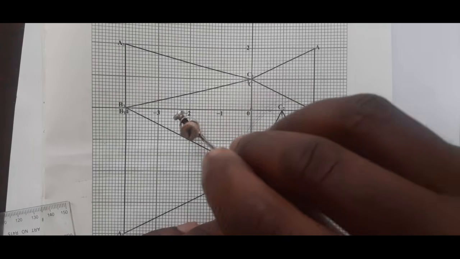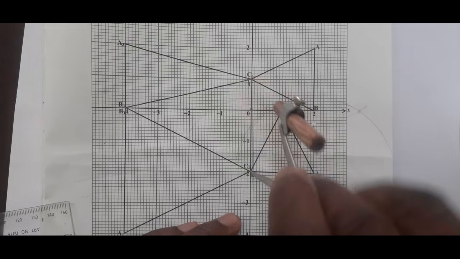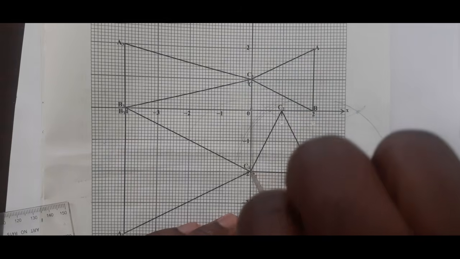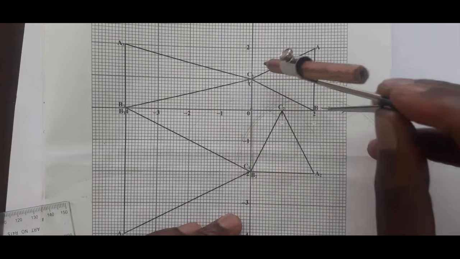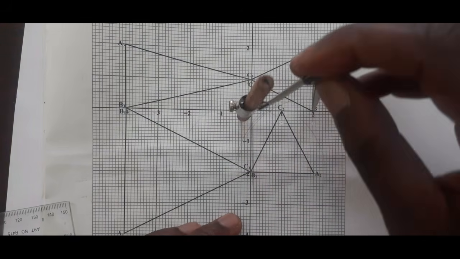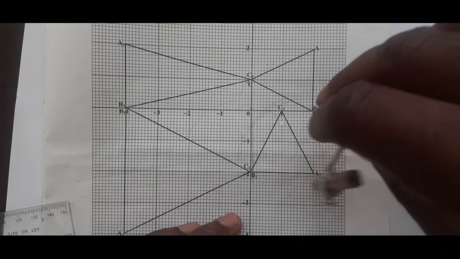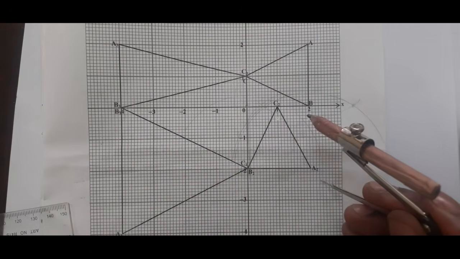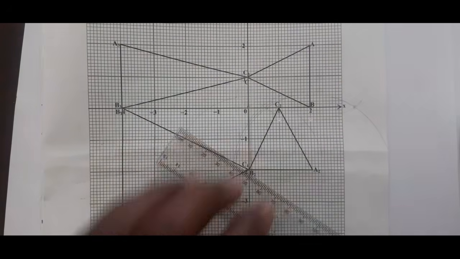So if I draw an arc this side, and also draw another on this side, I hope you are seeing this. Then I move now to B here. I hope you can see that arc, and another one here. So where are they meeting? They are meeting at this point and this one here. So you need to join these 2 points.